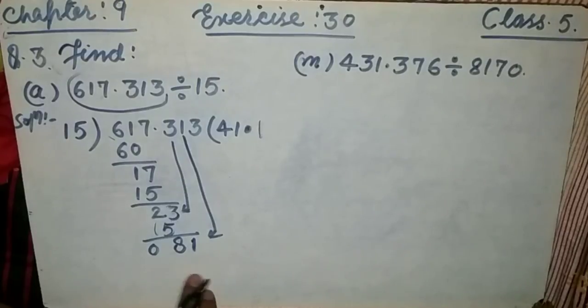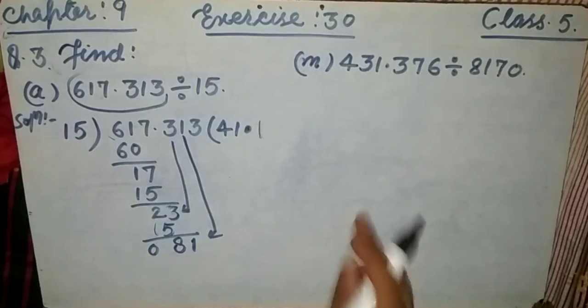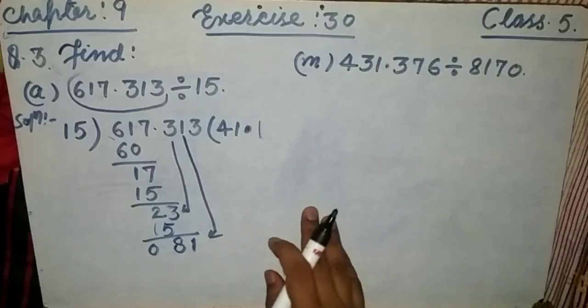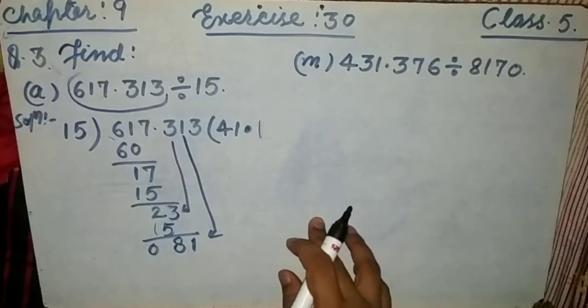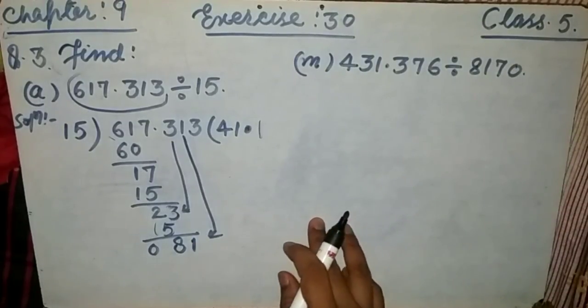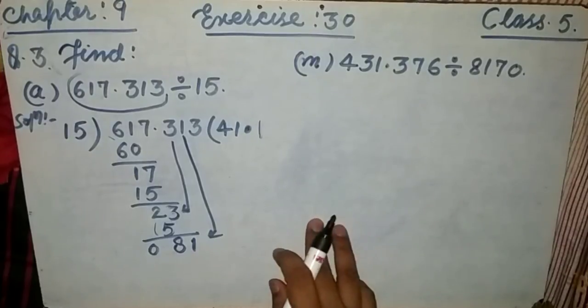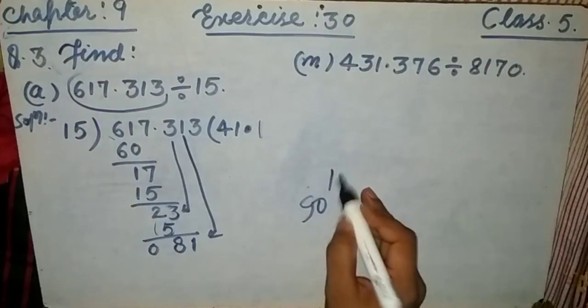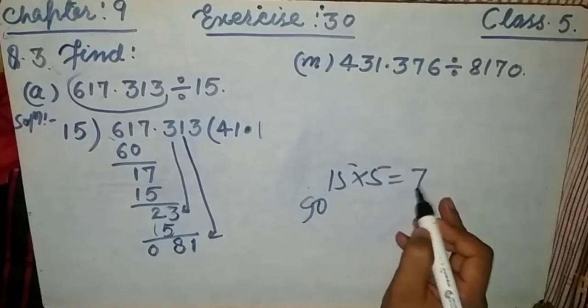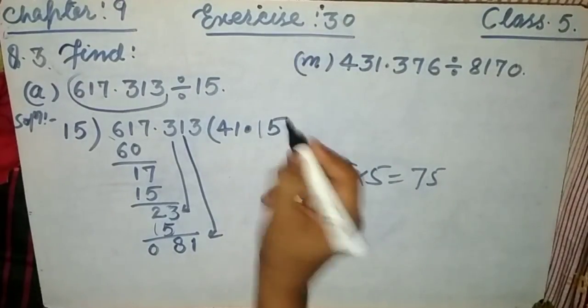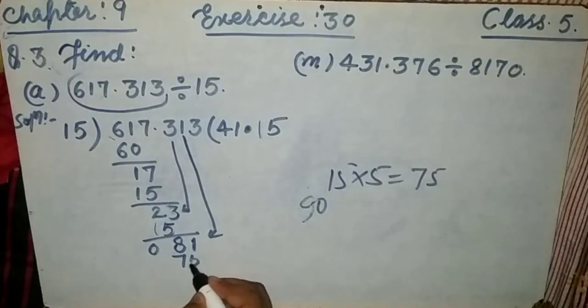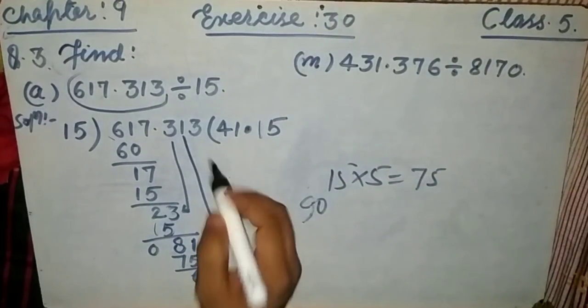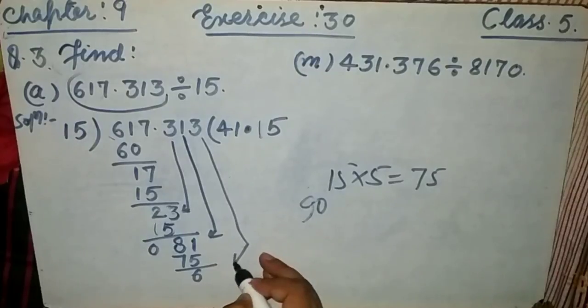This becomes 81. Now read the table: 15 1 is 15, 15 2 is 30, 15 3 is 45, 15 4 is 60, 15 5 is 75, and 15 6 is 90. So 90 is greater, that means 15 5 is 75. Now subtract and get 6, and the last digit is 3.